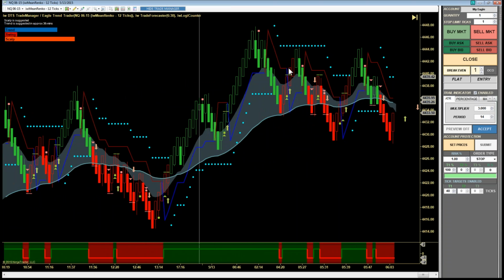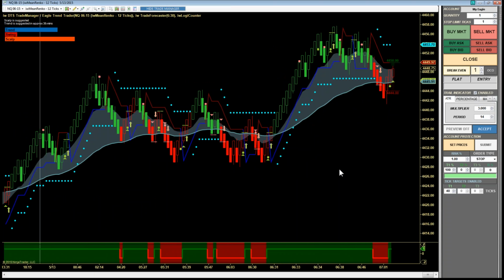You can see here, you would have delayed your entry, this particular signal, well, depending on where you had your stop, may or may not have worked out. So the signals are good, but unfortunately they are not 100%. We're still working on that 100% signal.